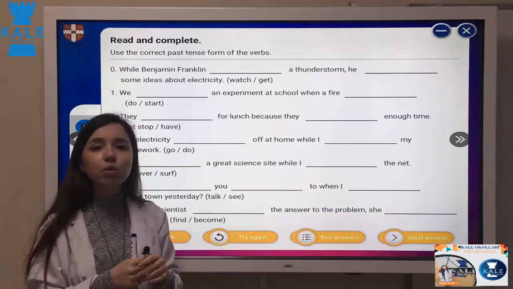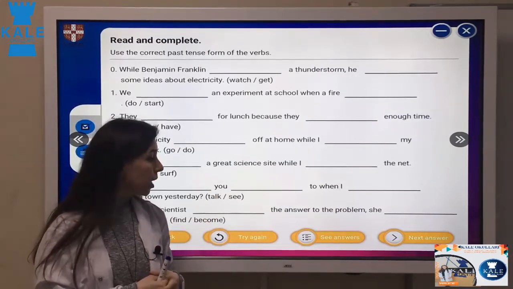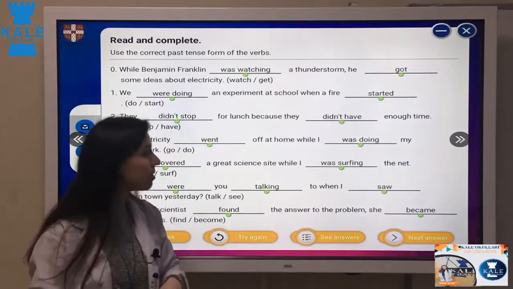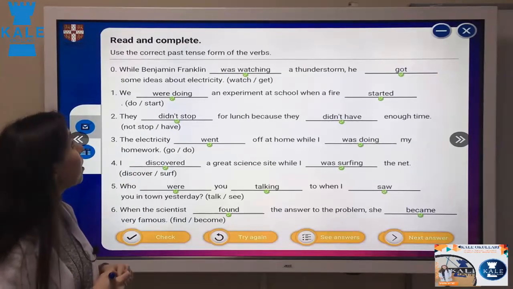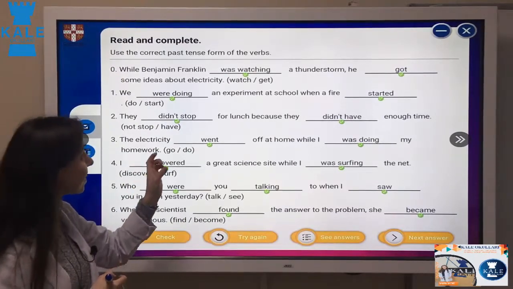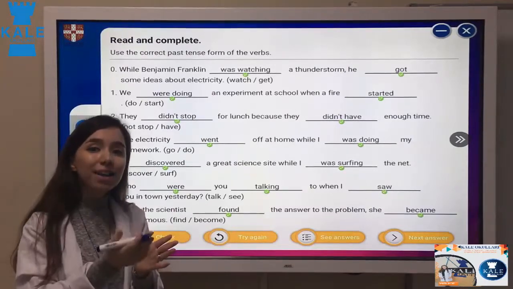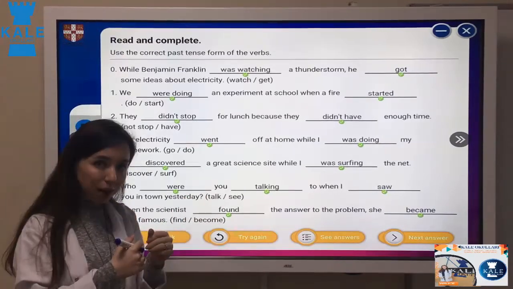Again, I think it's better to see the answers, and at the same time, during the checking of the answers, I will explain for you. Look at here. From here, we can see the answers. It's the correct past tense of the verb. Both of them at the same time also. This lesson is about past simple and past continuous.